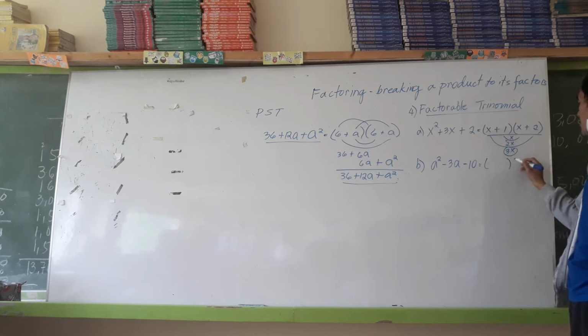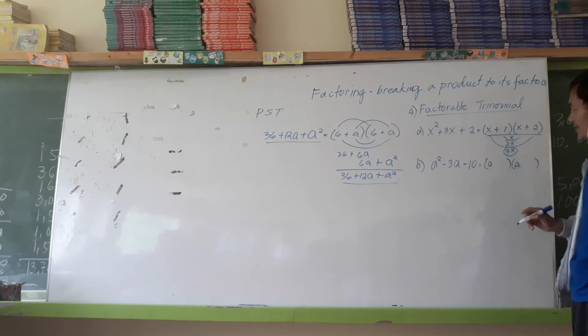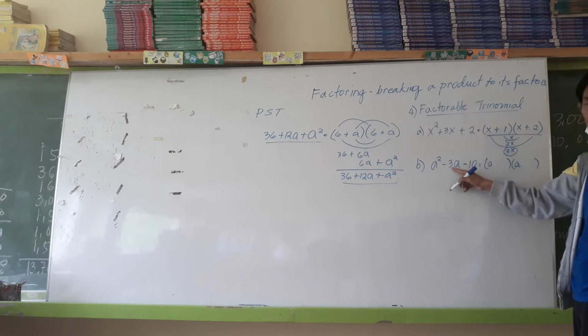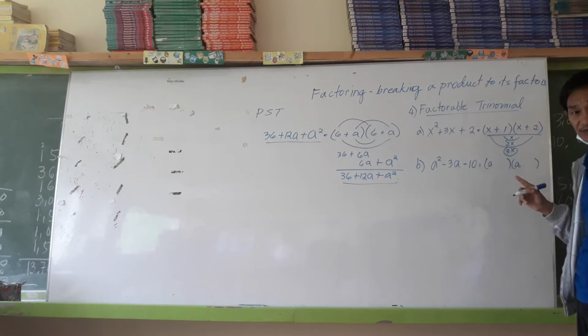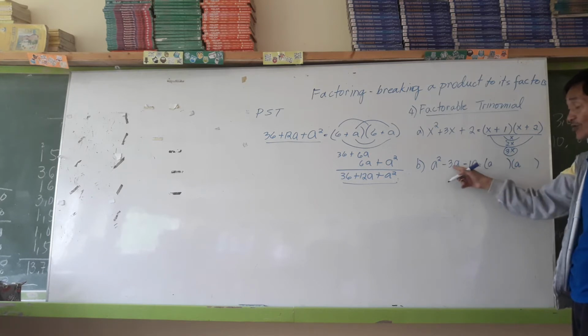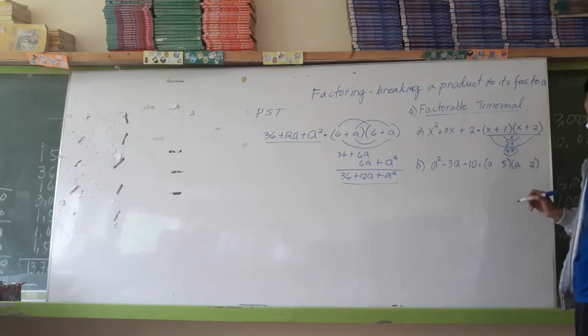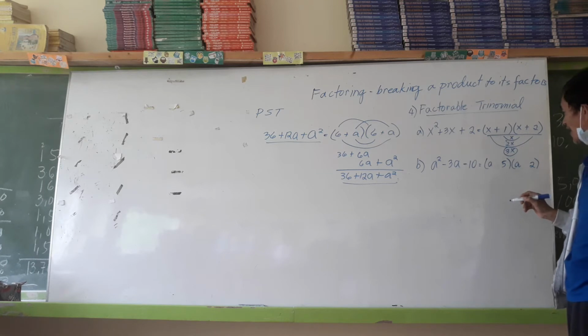So again, we are going to have binomial factors here. So factor the first term, which is a squared, a and a. Then, what would be the factors of 10 that will give you 3? You have 5 and 2, isn't it? 5 minus 2 will give you 3. So 5, 2. Okay.